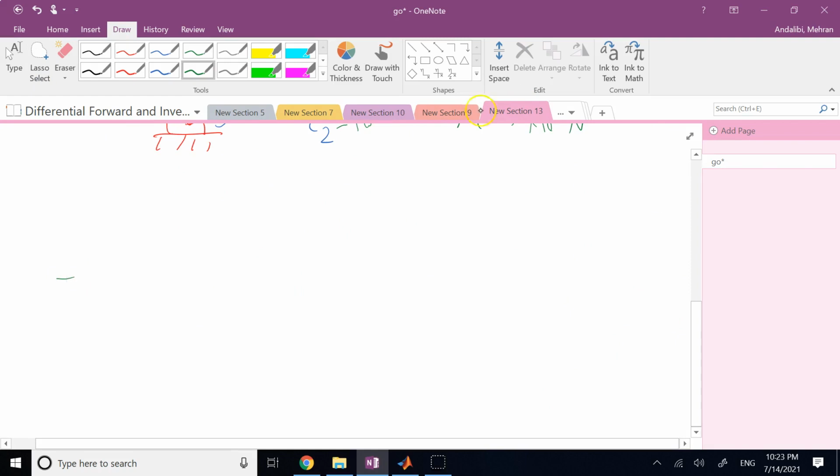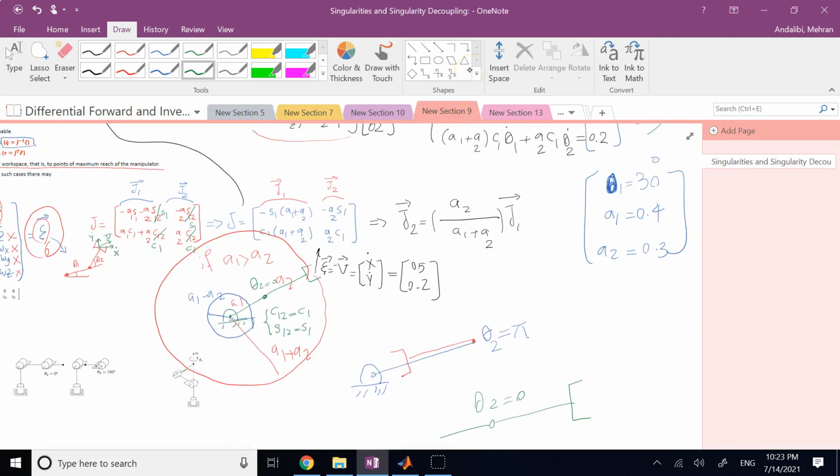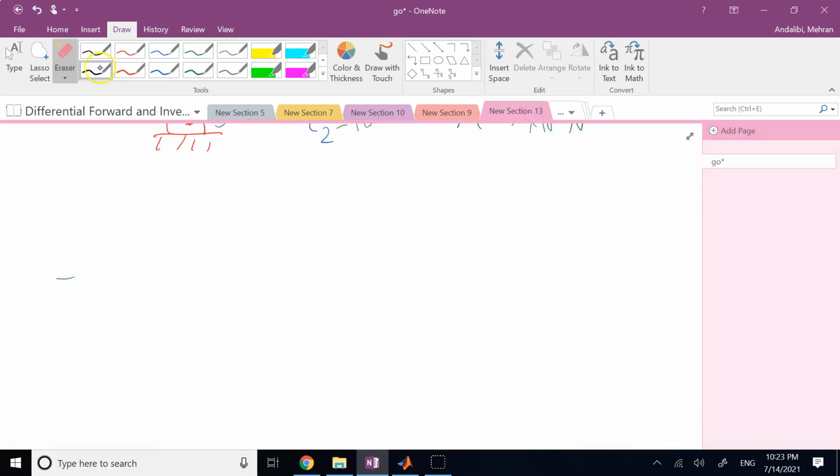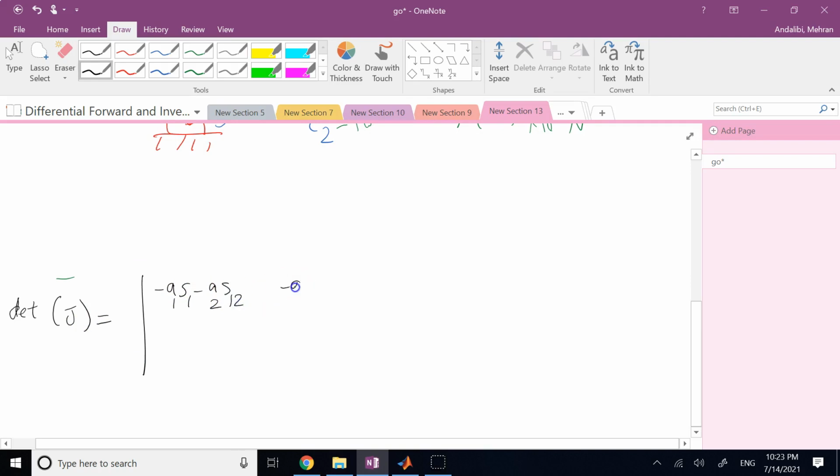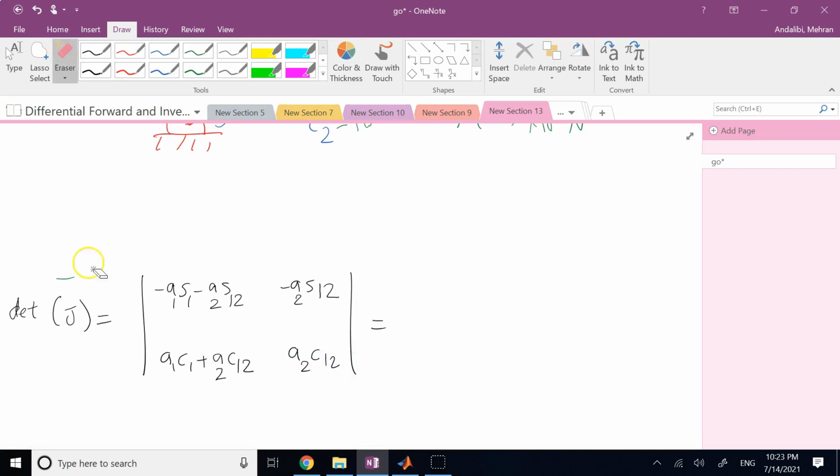So let me get it. I tried to avoid it so far, but if you want, I can do it. It's not really such a hard thing to do. So the determinant of J is the determinant of this. What is it? Well, it's the diagonal product minus the anti-diagonal product.